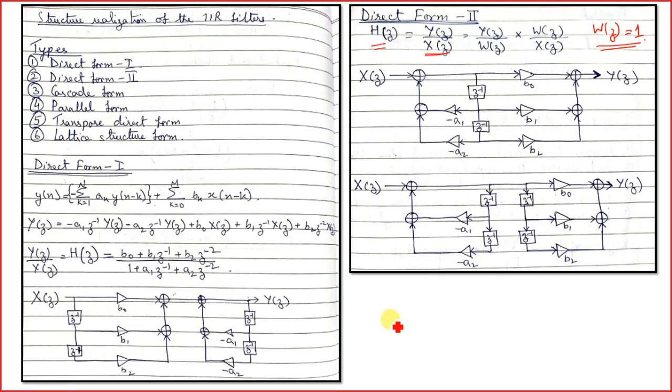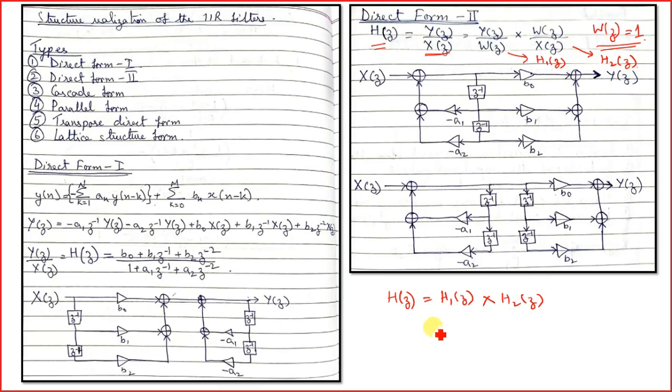And if you remember, we have talked previously that suppose I have Hz and it is given by H1z multiplied by H2z. So consider this one, Yz by Wz, as H1z, and Wz by Xz as H2z.